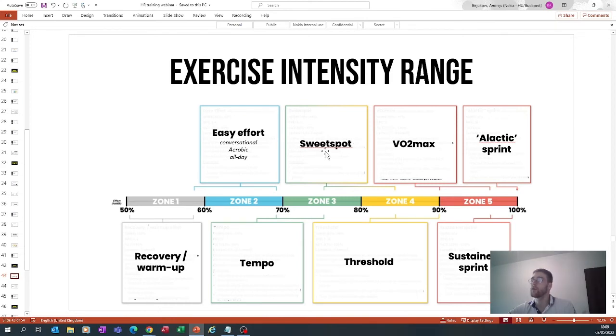So maybe a more intense sweet spot session or a more general threshold session. And if I were training, for example, for a 5K or a 10K, or for a race that is less than 30 to 40 minutes long, then I would also include VO2 max and a little bit of sustained sprint in there.